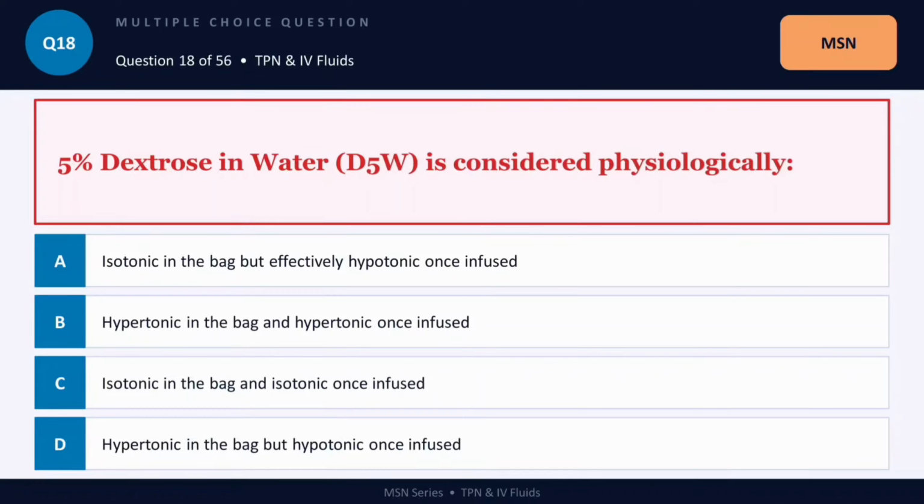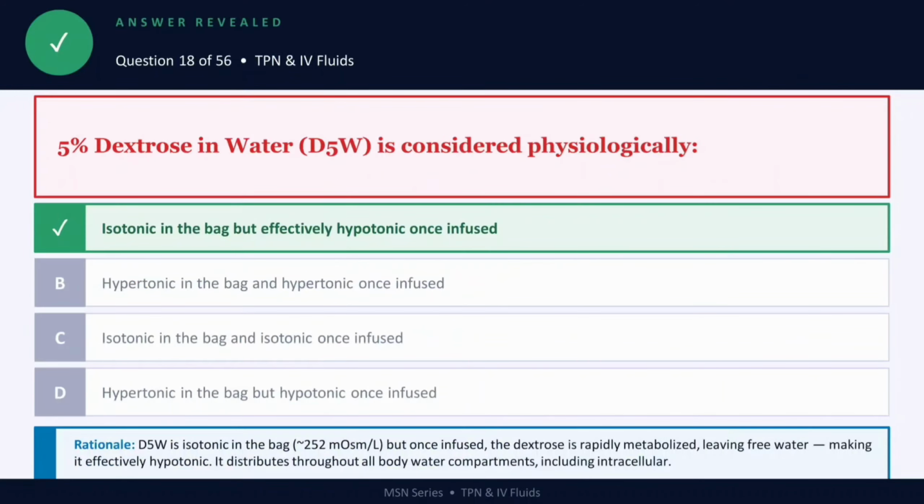Option B hypertonic in the bag and hypertonic once infused. Option C isotonic in the bag and isotonic once infused. Option D hypertonic in the bag but hypotonic once infused. The correct answer is option A isotonic in the bag but effectively hypotonic once infused.